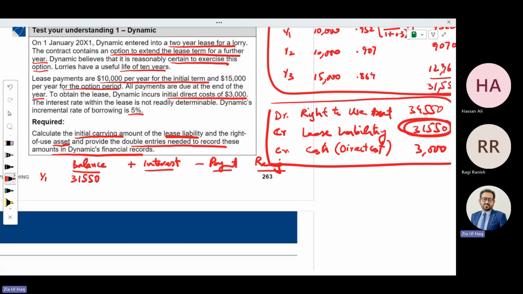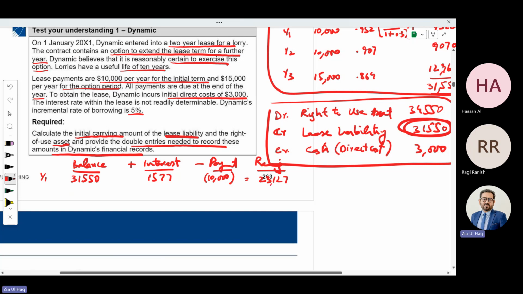Can you calculate, please? 1577. From this, we will deduct the payment. What was the payment in year 1? 10,000. What is the remaining? 31550 plus 1577 less payment of 10,000 is 23127.